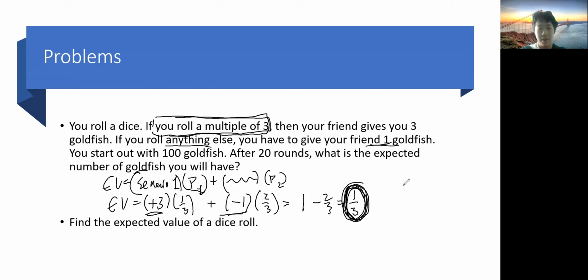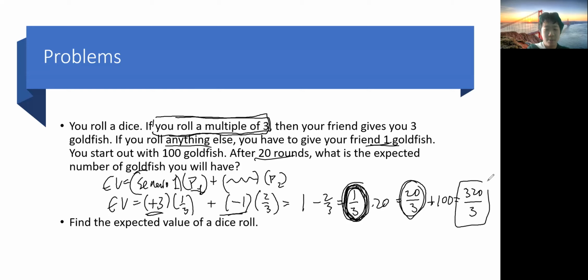So after 20 rounds, I multiply this by 20 to get 20/3, the expected change after 20 rounds. So I just need to add this to 100 now to get my final answer, which is 320/3. This is the expected number of goldfish I will have after 20 rounds.